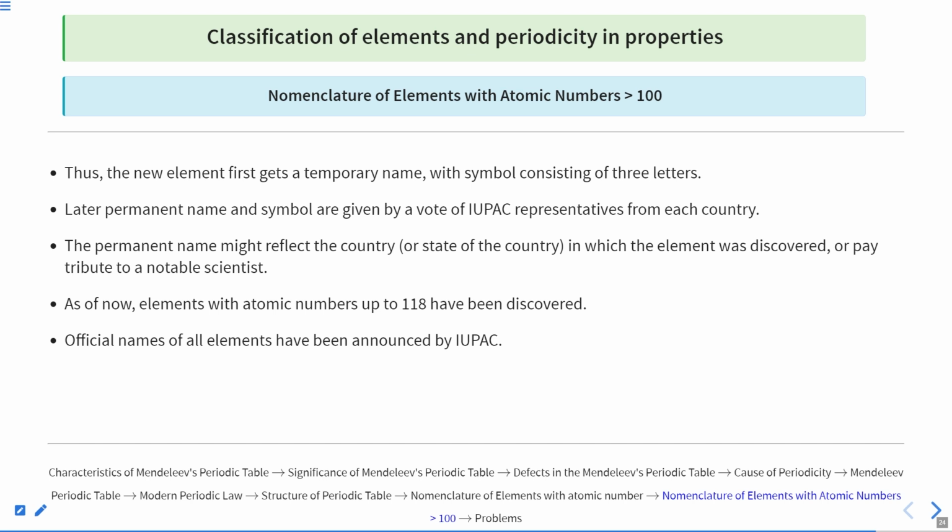So the voting is done, and then according to the voting, the scientist who is more deserving for discovering that element gets to name the element. The permanent name might reflect the country in which the element was discovered, or it may be a tribute to a notable scientist.